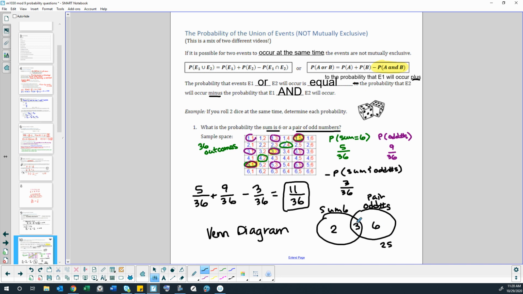And this 3 shows us the overlap, which is why we had to subtract that out because we don't want to count it twice. And these numbers show us the total that just fit in that portion of the circle. If we would want the entire number that add up to a sum of 6, then we would add the 2 and the 3 together and get 5. If we wanted the total number of the pairs of odd numbers, we would add the 3 and 6 together and get that total of 9. I hope this makes sense.